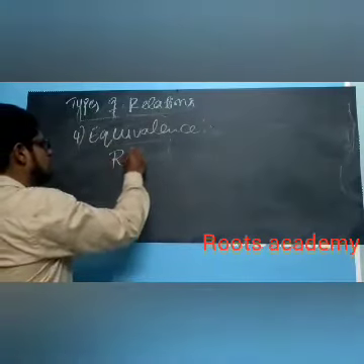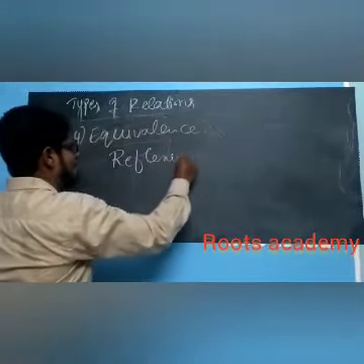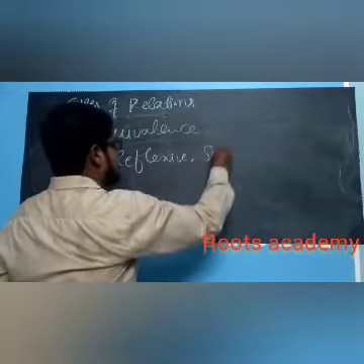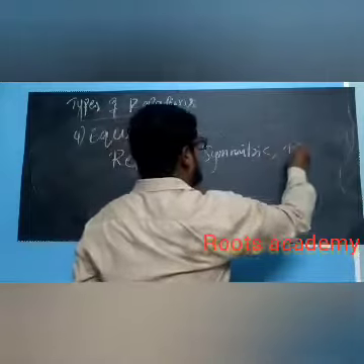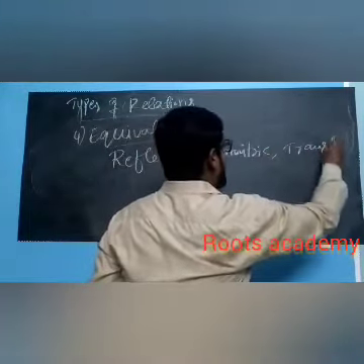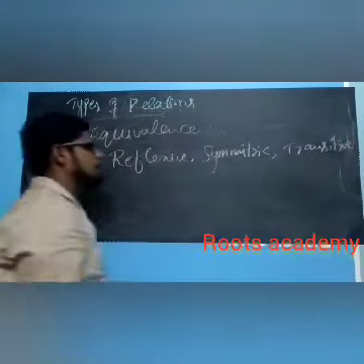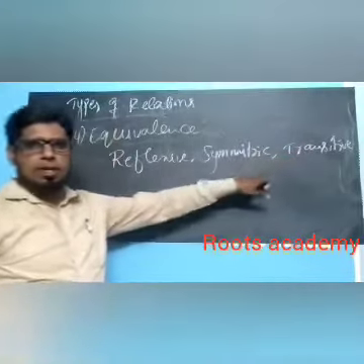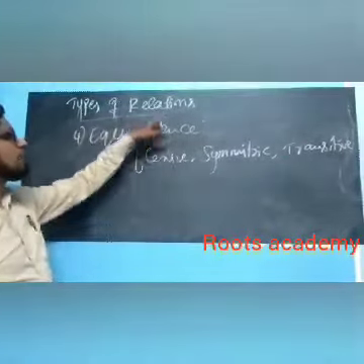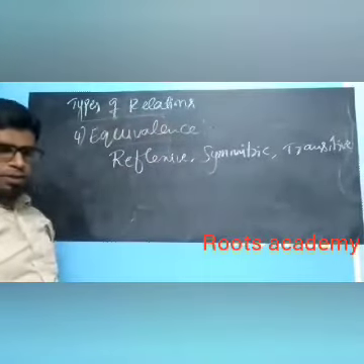It means the relation should be reflexive, then it should be symmetric, and last it should be transitive. Any relation which is reflexive, symmetric and transitive is called an equivalence relation.